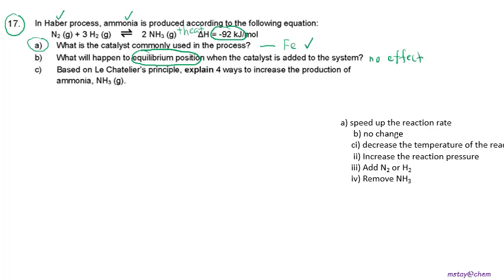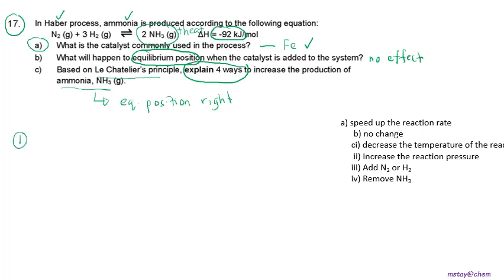Next, based on Le Chatelier's principle, we are going to explain 4 ways to increase the production of ammonia. Ammonia is at the right hand side here, so we want to suggest 4 methods where the equilibrium position is going to shift to the right. We may start from the first factor that we discussed just now, the concentration of the product.